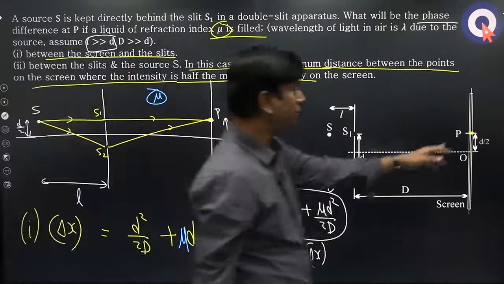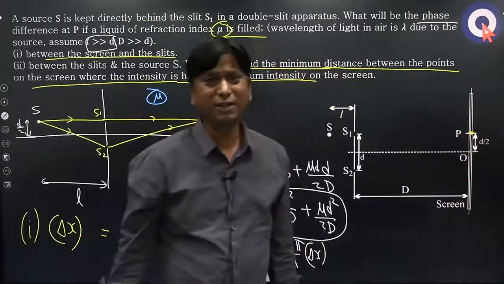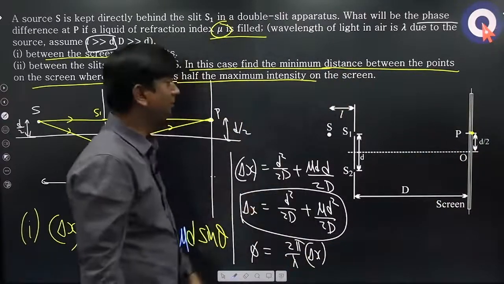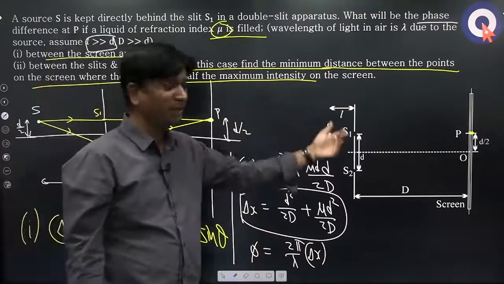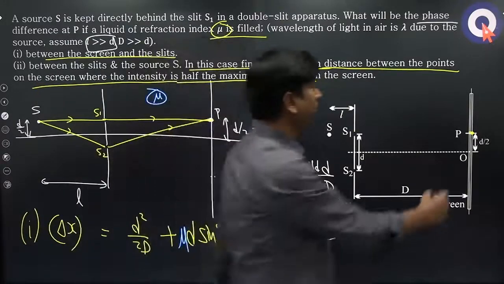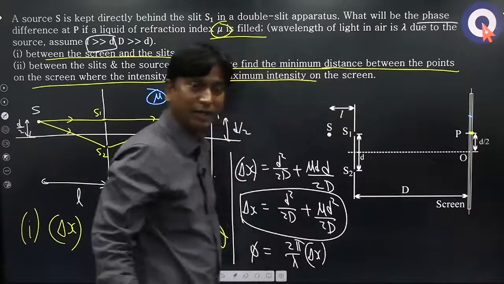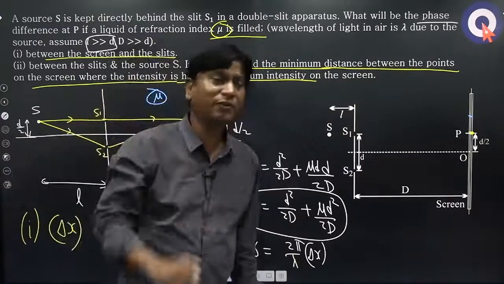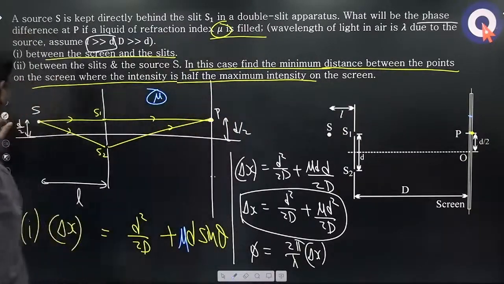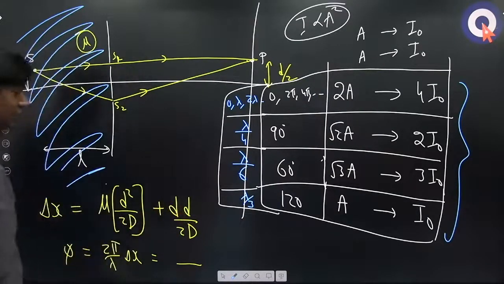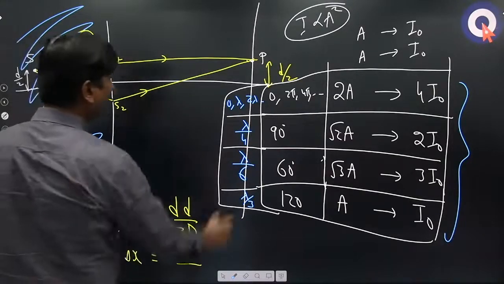So not this point P, but some other points where you will get half the maximum intensity. You take some other point here at a distance of y, and you have to get the value for y. So whenever you are finding d sine theta, in place of sine theta you are now putting y by d.